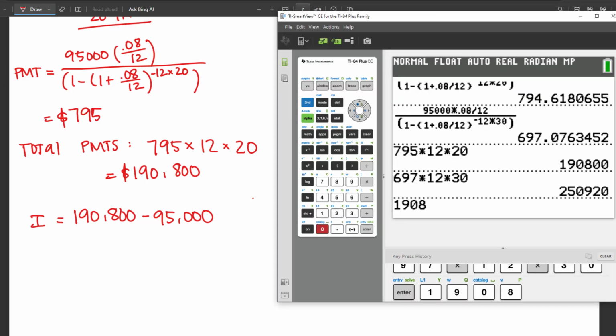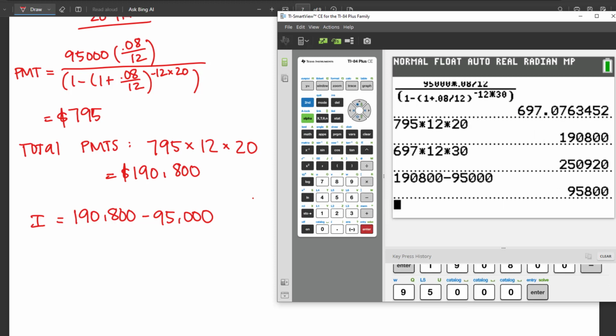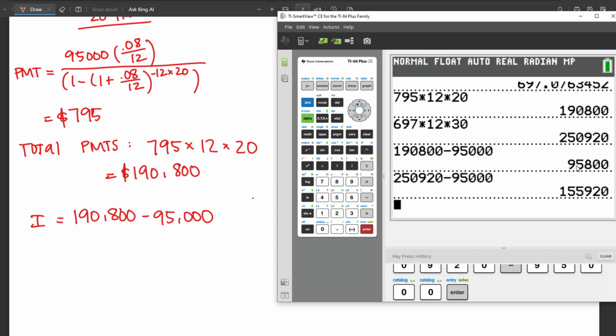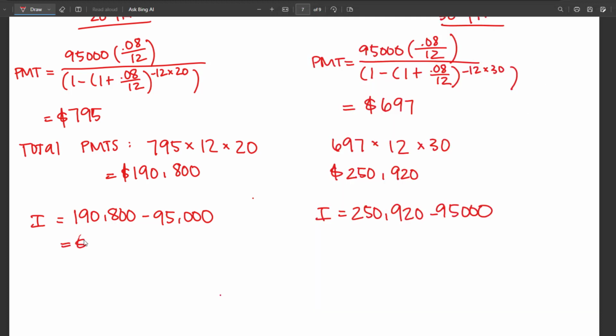So our interest for the 20-year option was $95,800. Our interest on the 30-year option was $155,920.